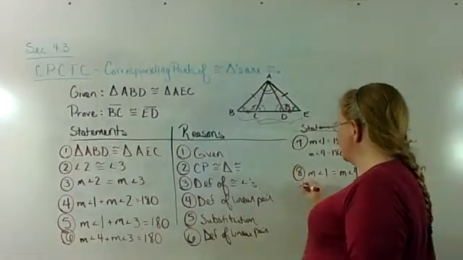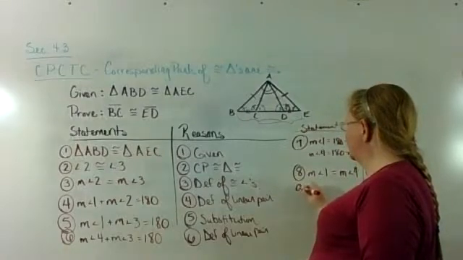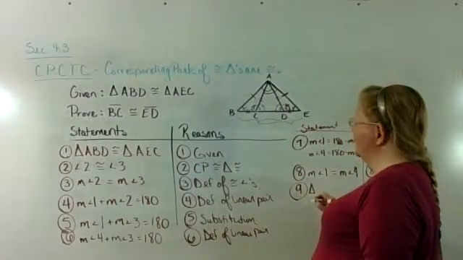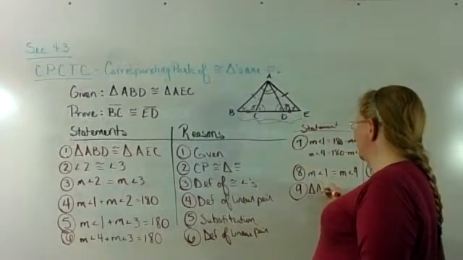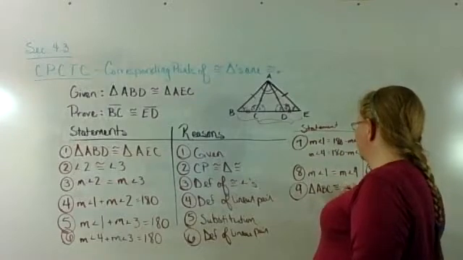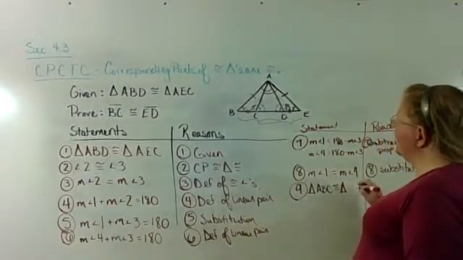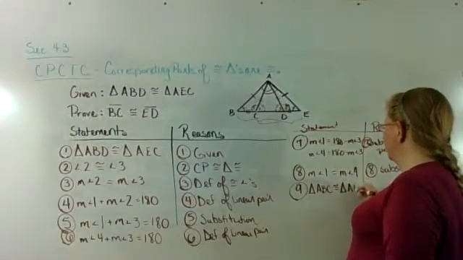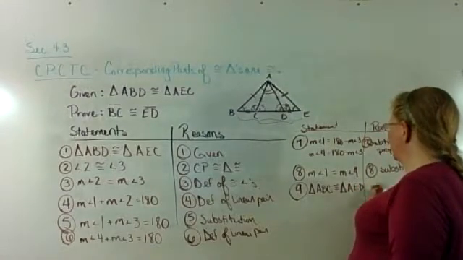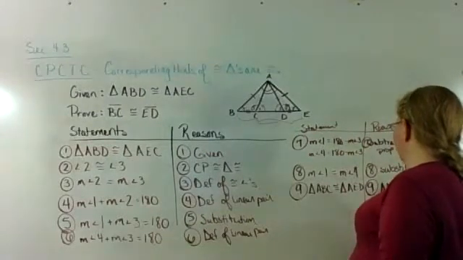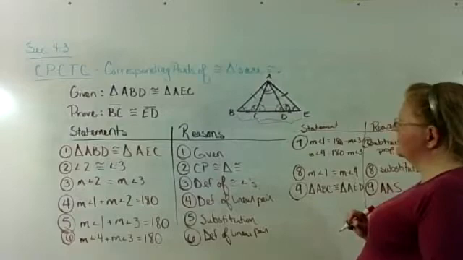So now I can say that triangle ABC is congruent to triangle AED by angle, angle, side.